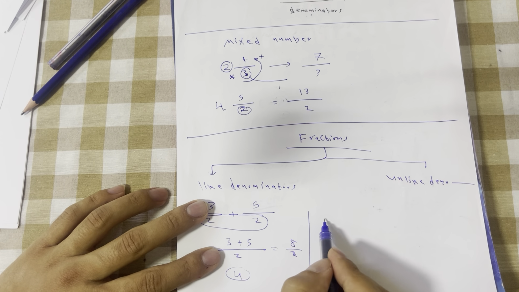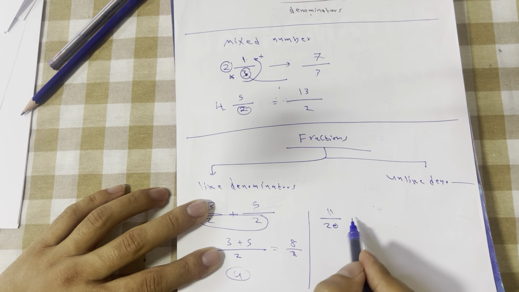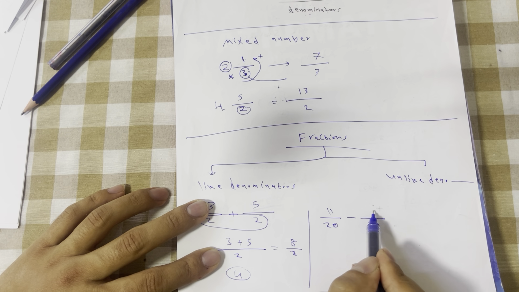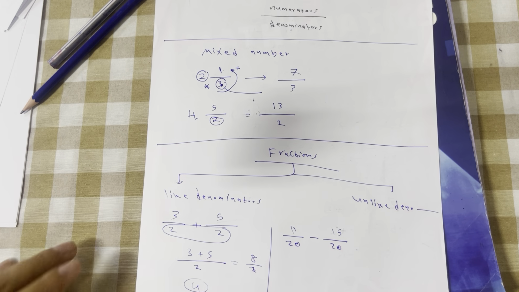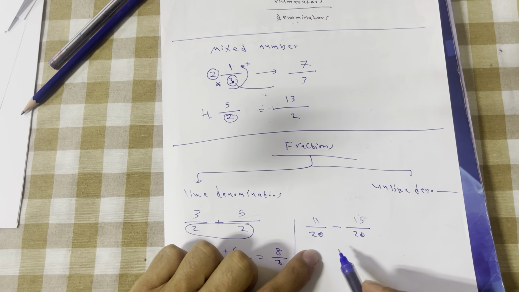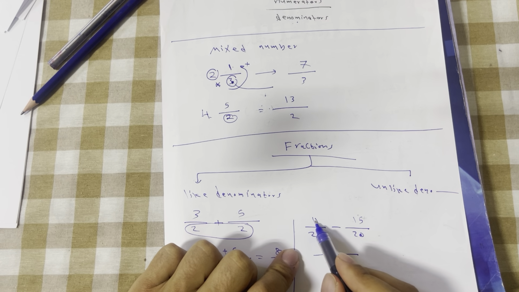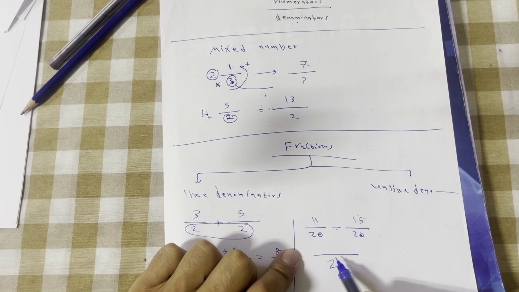Or we have what? We have 11 over 20 minus 15 over 20. Because we have the same denominator, so I have to keep this. Okay, and 11 minus 15 equals negative 4.